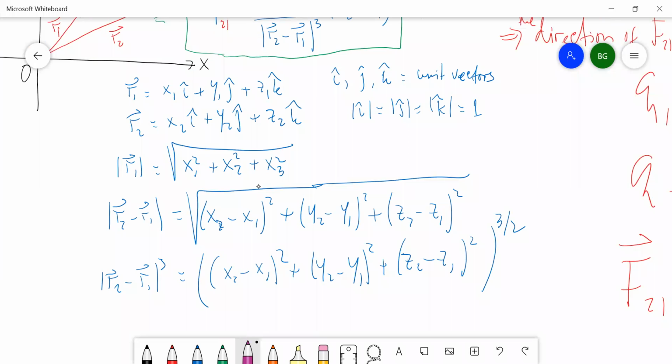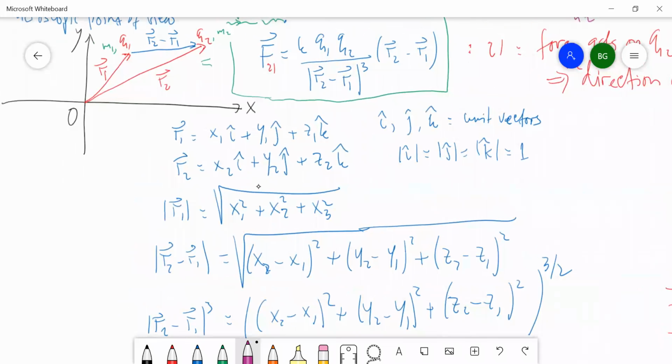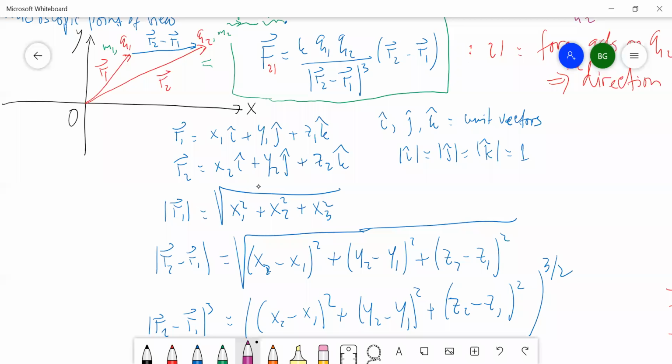Is there any question about this before we proceed to the example? Yes.